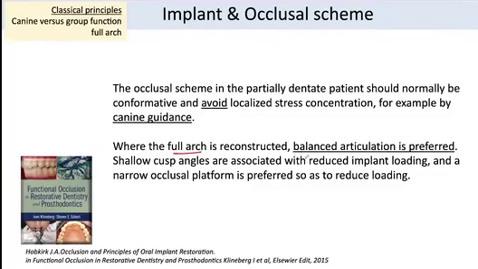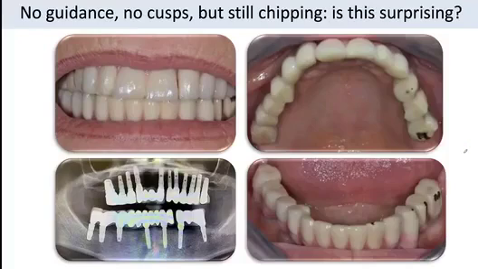For full arch, where the full arch is reconstructed, balanced articulation is preferred. I completely disagree with this, because it is very difficult to make it, to adjust it, to control it. So a big risk for chipping. Look at this case.